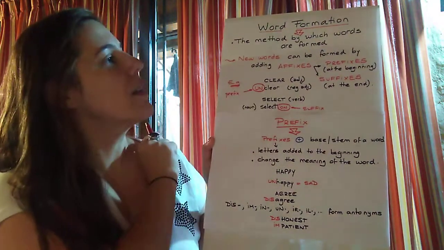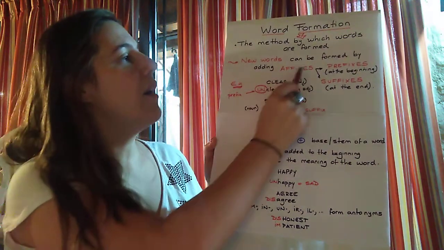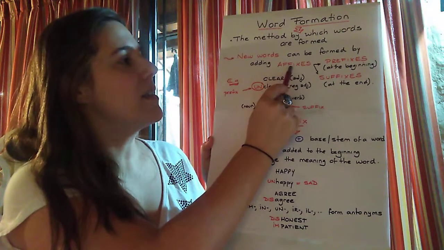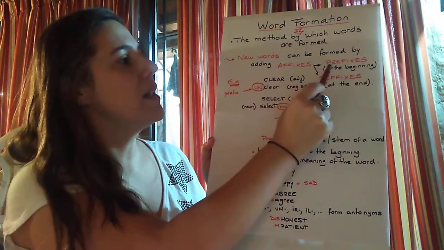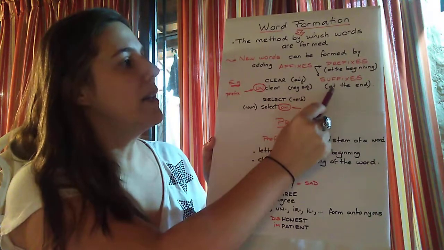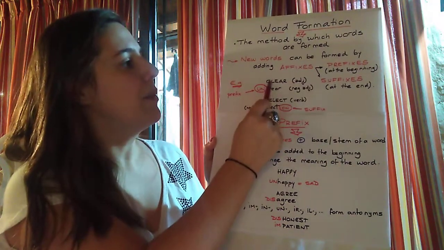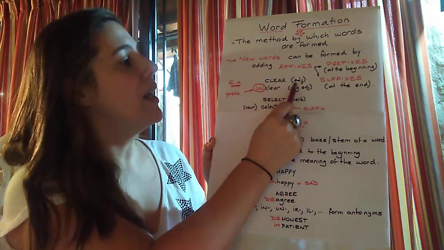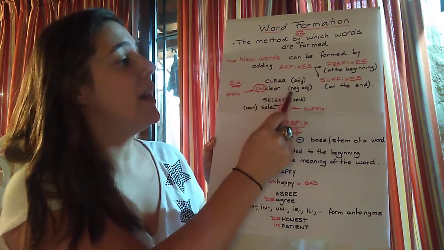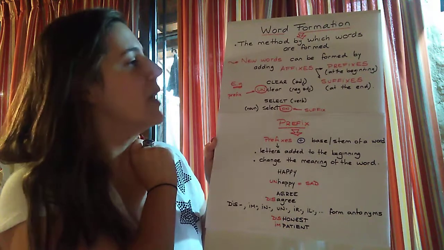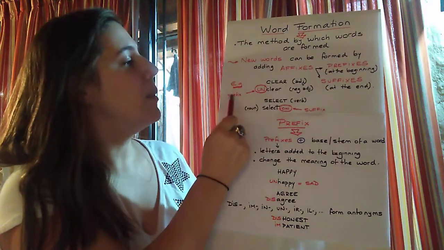And these new words can be formed by adding affixes. Affixes are letters that are added at the beginning or at the end of the word. Yes? So, for example, if I have the adjective clear and I need to form the negative adjective, I need to add the prefix un.